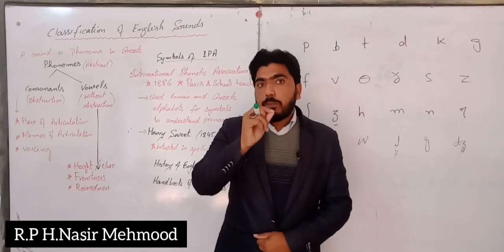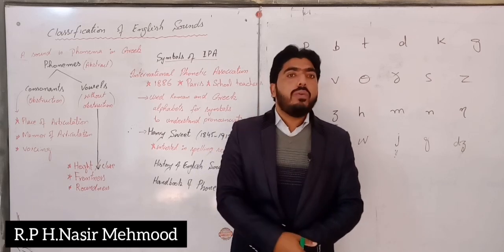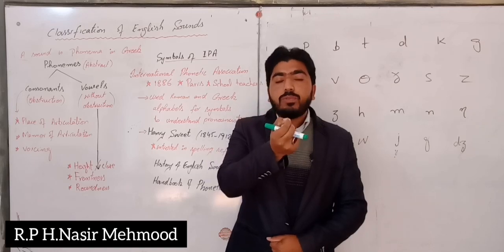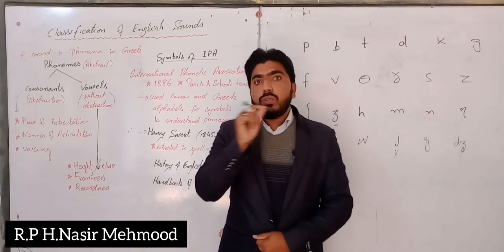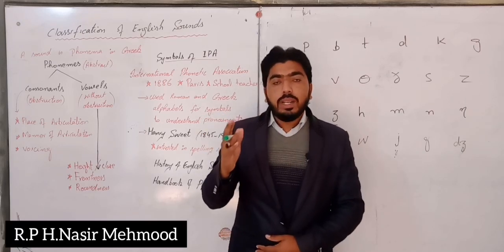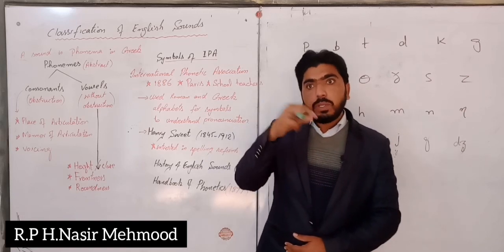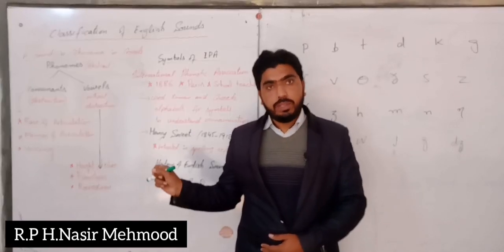Vowels are sounds which are produced without any obstruction in airflow. The air comes out of the lungs and escapes through the mouth, and during this escape, if there is no obstruction, no hurdle, no obstacle, no closure in the mouth, as is made in the case of consonants, right?